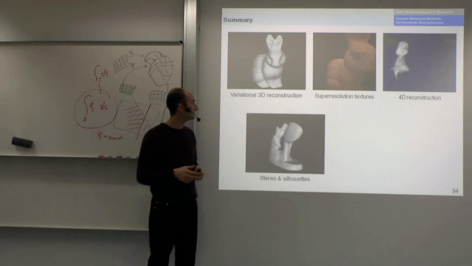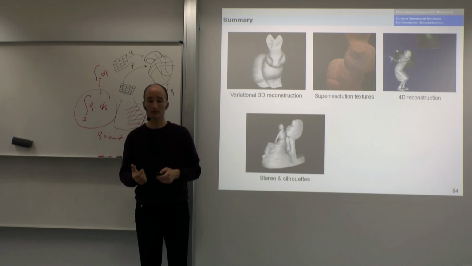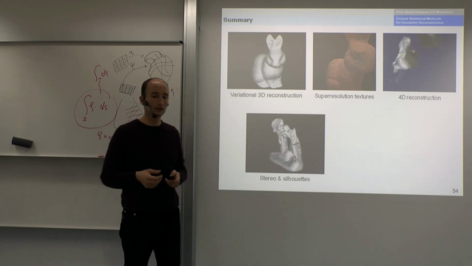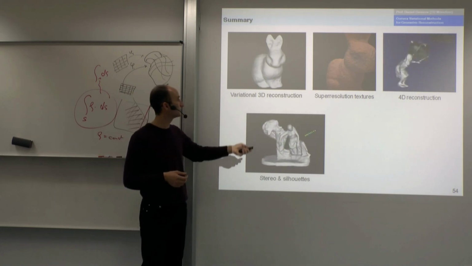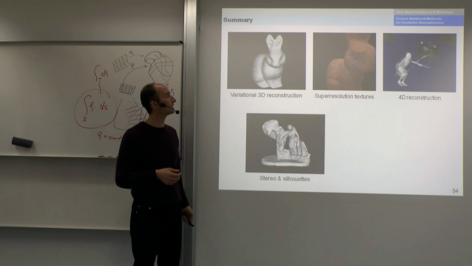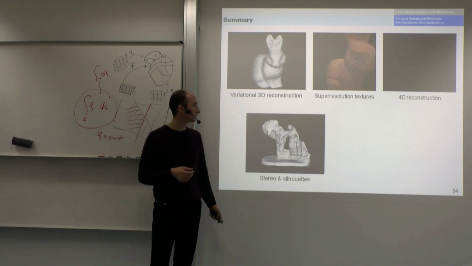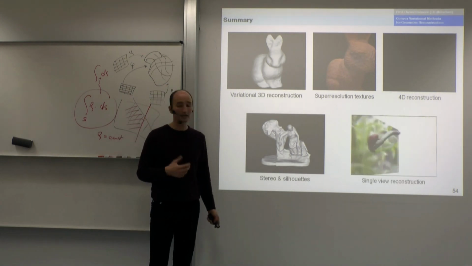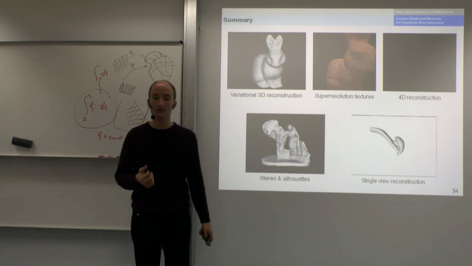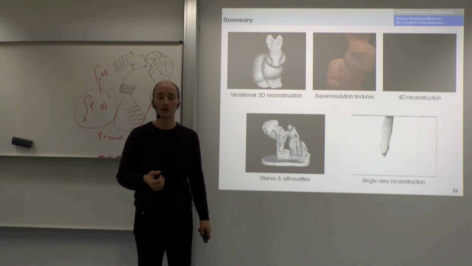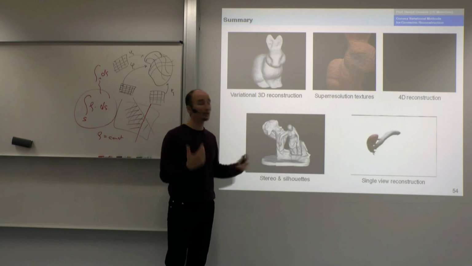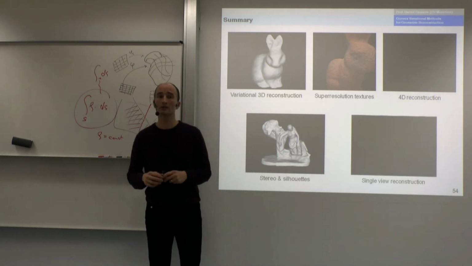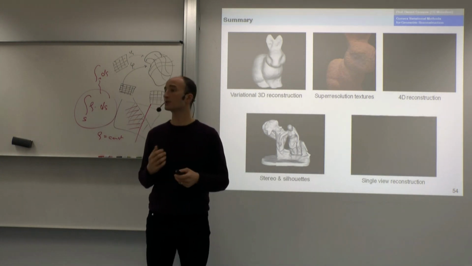And as you can see, these reconstructions are fairly accurate, so they give you a fairly good level of detail to the extent that we see even the rope of the rope jumping girl, for example. And then I showed you this extreme case of single view reconstruction, where I use similar variational approaches to reconstruct geometry from just one image.